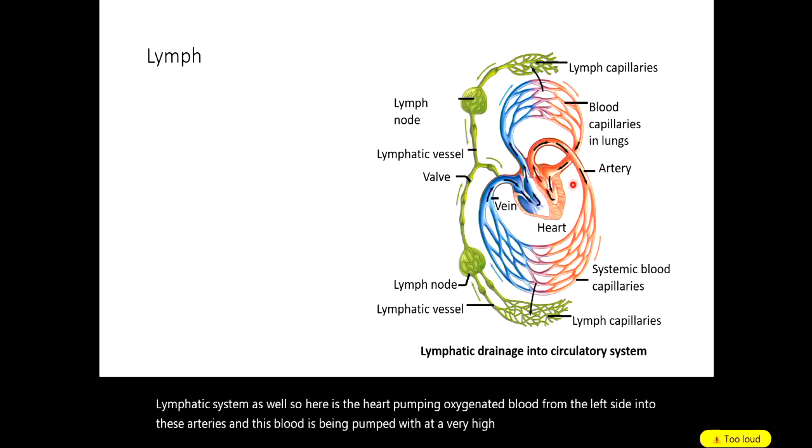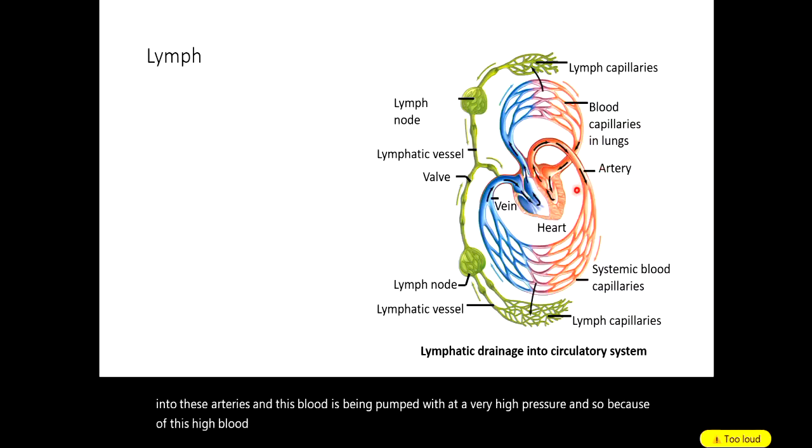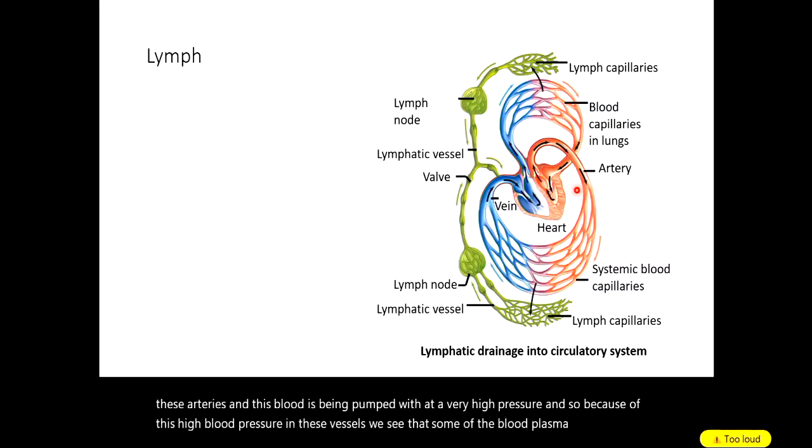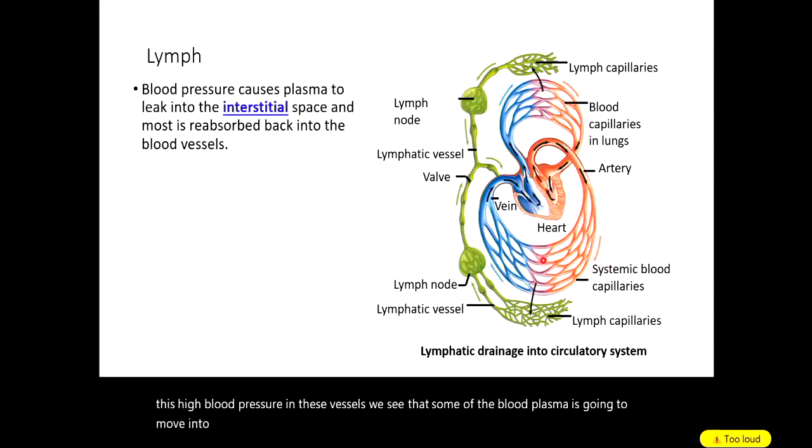Because of this high blood pressure in these vessels, some of the blood plasma is going to move into the interstitial space. The interstitial space is the space surrounding cells and also the blood vessels, and only the fluid will move into this interstitial space because the proteins are too large to move through the pores in the blood vessels.